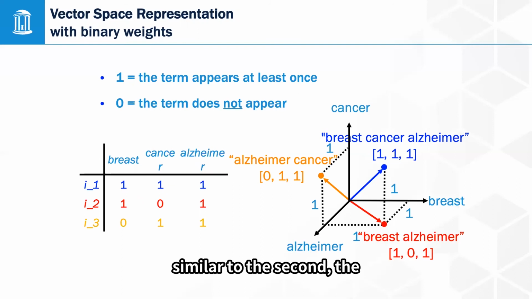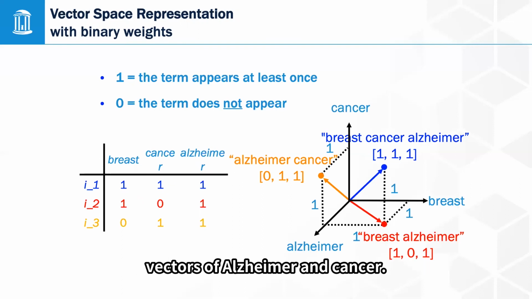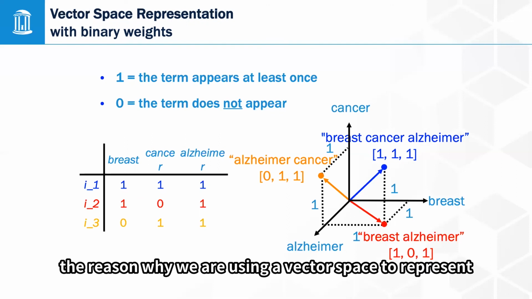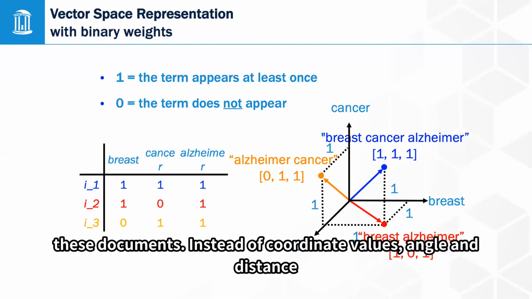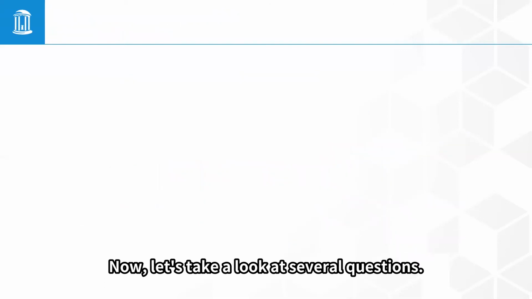Similar to the second, its vector is located on the plane composed of the basis vectors of Alzheimer and cancer. Now you may see the reason why we are using a vector space to represent these documents. Instead of coordinate values, angle and distance can also be used to calculate the similarity of these documents. Now let's take a look at several questions.